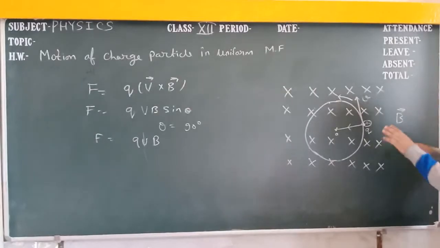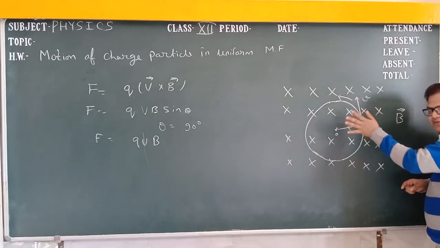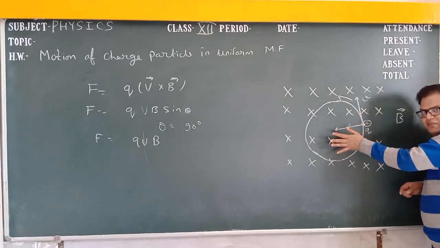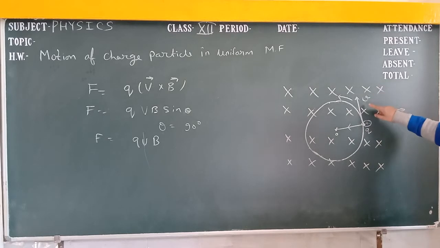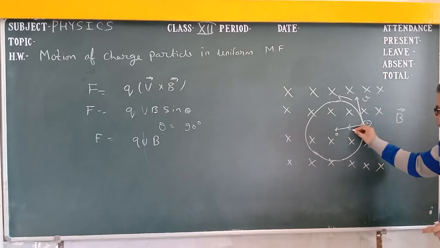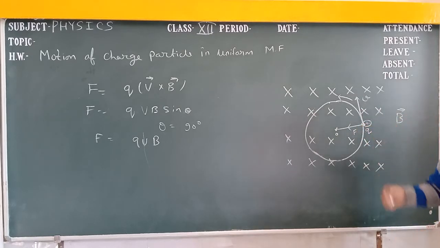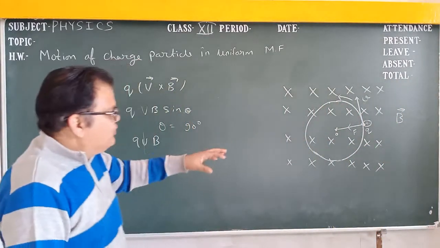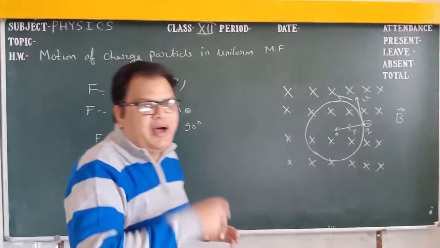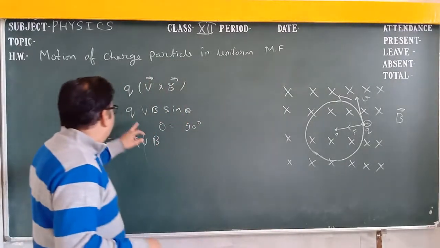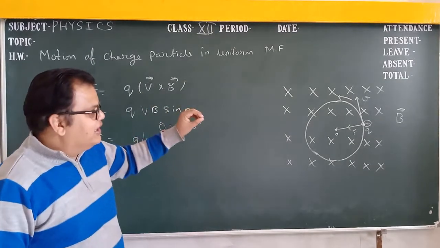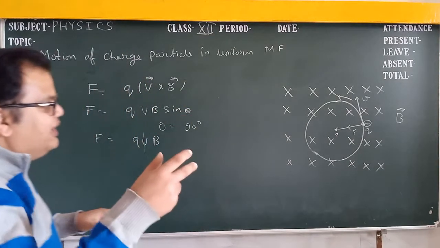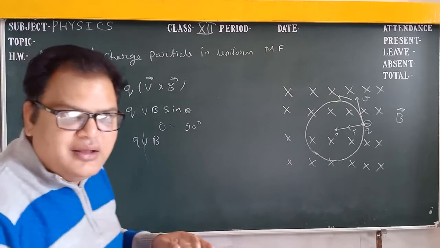When the charged particle enters the magnetic field, V and B are perpendicular to each other. Then the force F acts towards the center, and that force is the centripetal force. Due to this force, it tries to move in a circular path. So we can say that when a charged particle enters a magnetic field, it moves in a circular path.